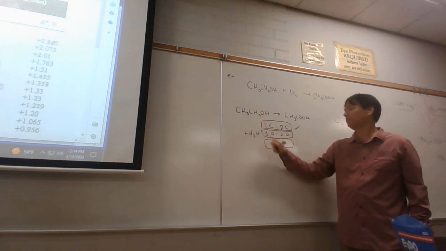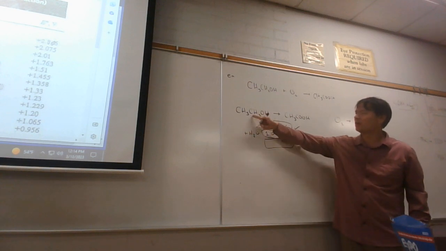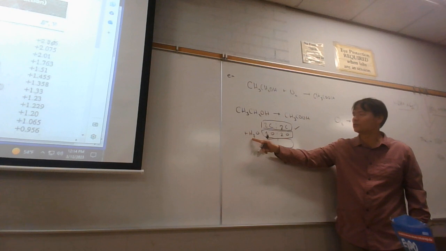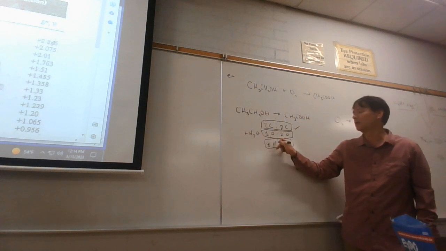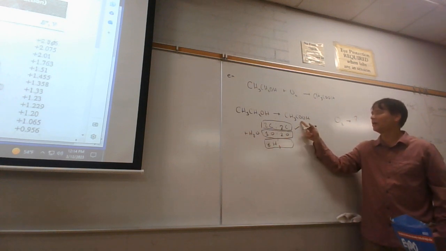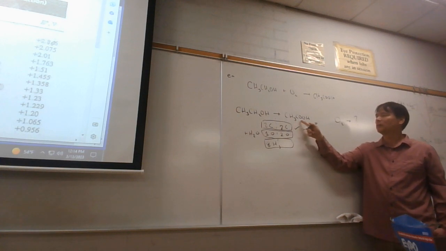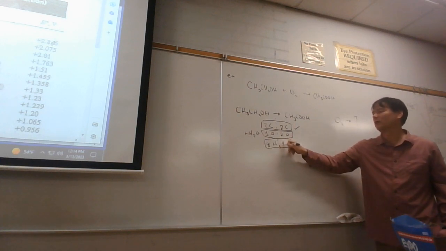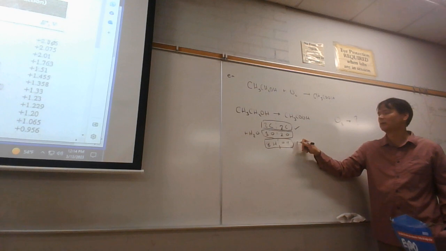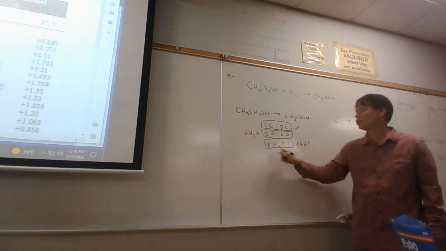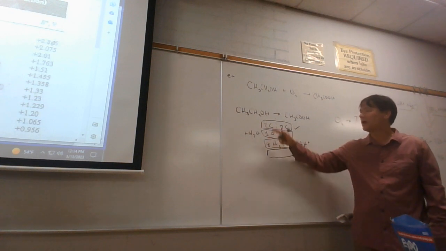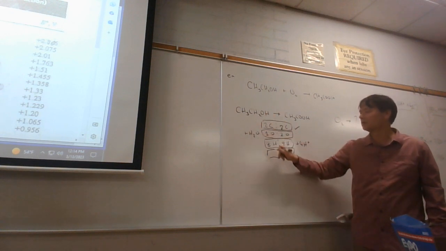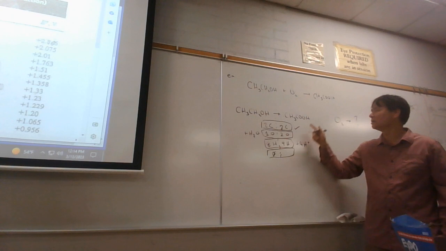How many hydrogens do I have on the left? 3 plus 2 is 5, plus 1 is 6, plus 2 is 8. How many hydrogens do I have on the right? 3 plus 1 is 4. So I have 4 H pluses. Then I balance the charge. The charge on the left is 0, the charge on the right is plus 4.